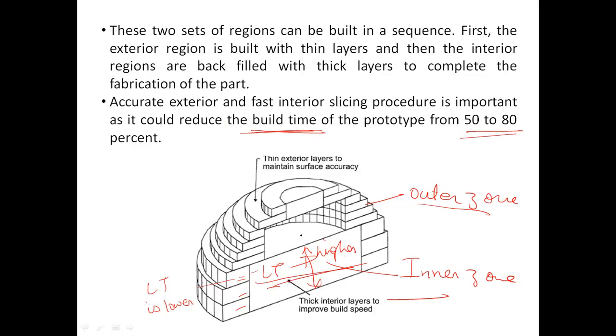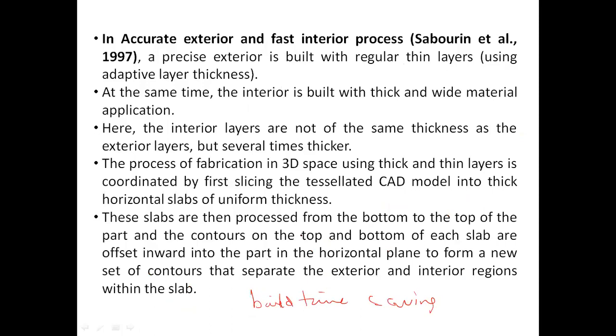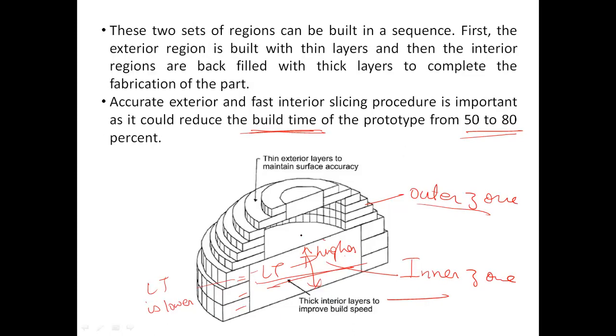And since it is on the inside, the layer thickness, although it is higher, will give you better strength as compared to small layer thicknesses, because adhesiveness or joining becomes an issue most of the times when we have thin layers. So you get better time saving, and this process was actually called accurate exterior and fast interior.